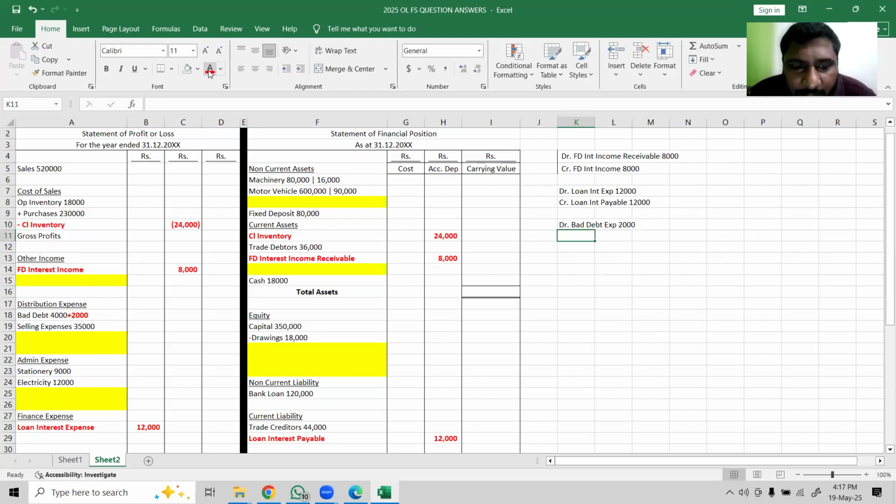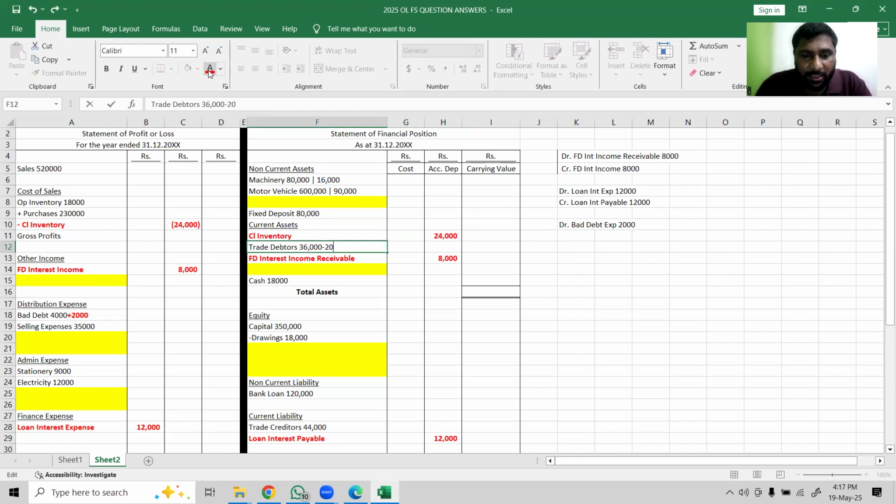Where are we crediting? For which place should we credit? Bad debts will reduce the debtors, minus 2,000.